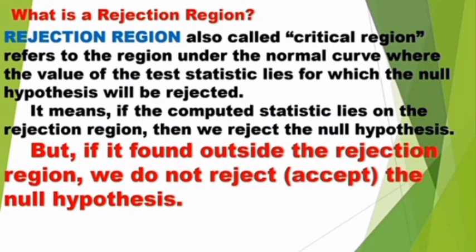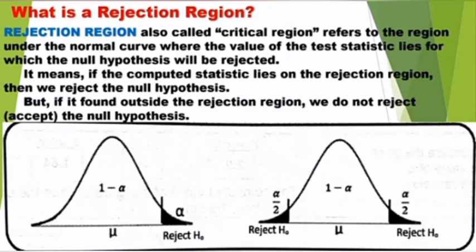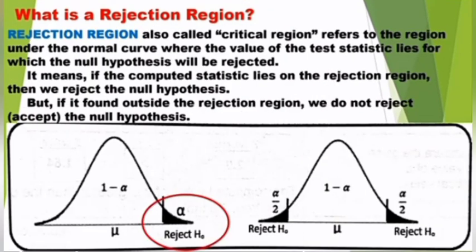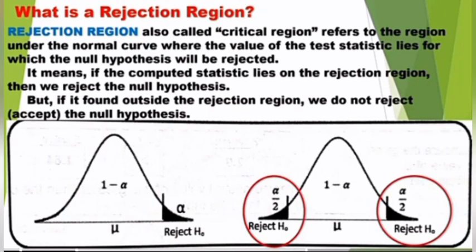But if it is found outside the rejection region, we do not reject the null hypothesis. Again, on a one-tailed test, alpha is the rejection region. On two-tailed tests, alpha over 2 on each tail is the rejection region, while 1 minus alpha, the non-shaded area, is the acceptance region.